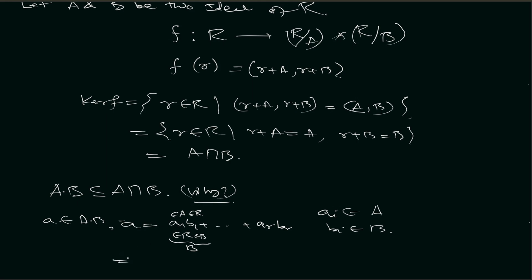So the entire sum, both of these elements, are in A intersection B.